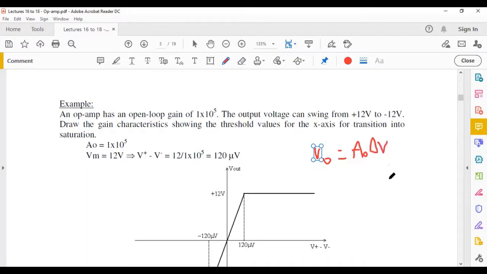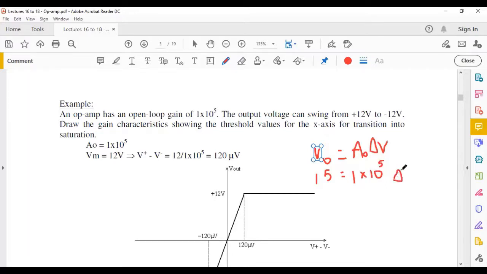So you're trying to find, for the maximum value of your output voltage, what value of delta V is going to give plus 12. If you exceed this delta V, definitely it's going to go flat here, because output cannot go beyond that value.